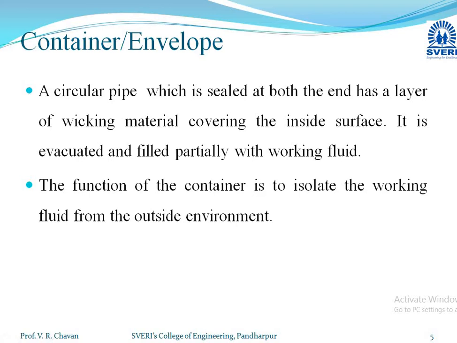Before sealing, it is evacuated, which means the air, the atmospheric pressure, is removed from that section. A vacuum is created inside the tube, and after that the tube is completely sealed at both ends, so that the container works as a shield which covers the inside structure from the external environment.